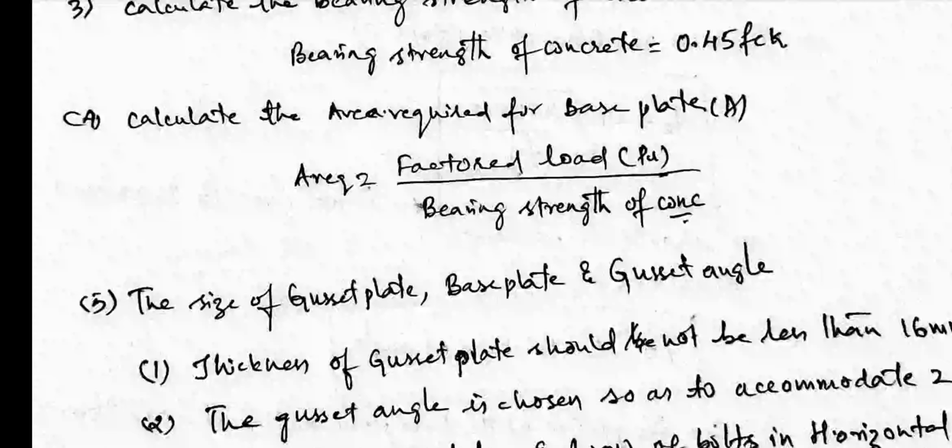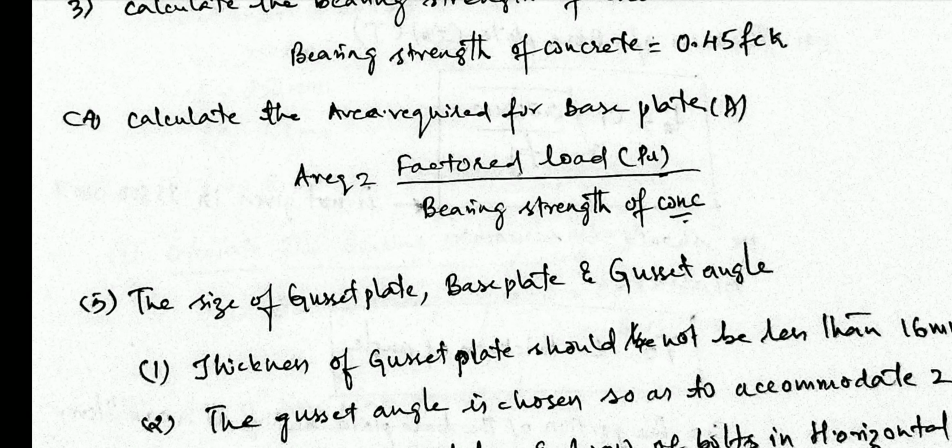So you get Pu divided by the bearing strength of the concrete, and here we require the factored load. We do not take the working load, we always take the factored load. If the factored load is not given in the problem, you multiply the axial load by 1.5, so you get the factored load, indicated by Pu, divided by bearing strength. Up to this point it is the same as your design of slab base.